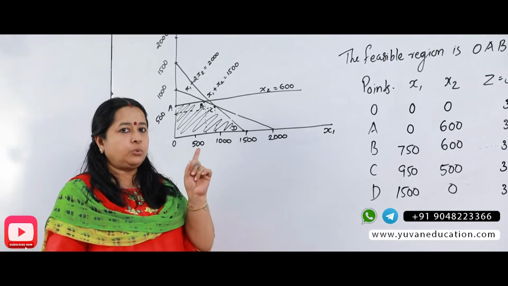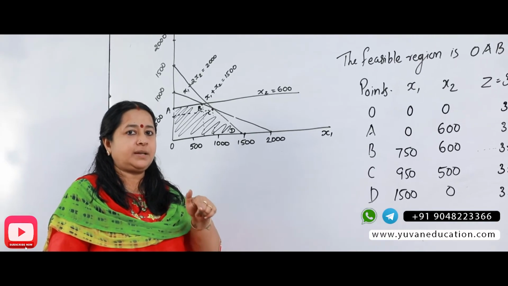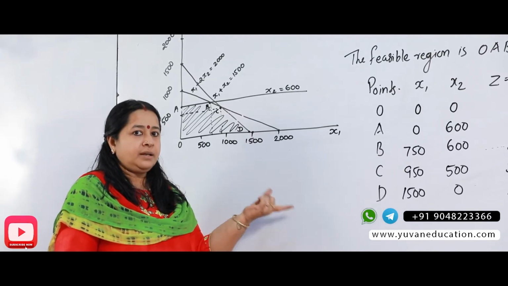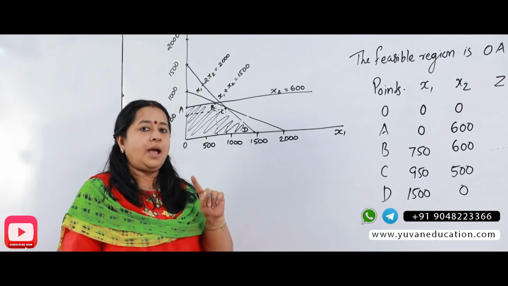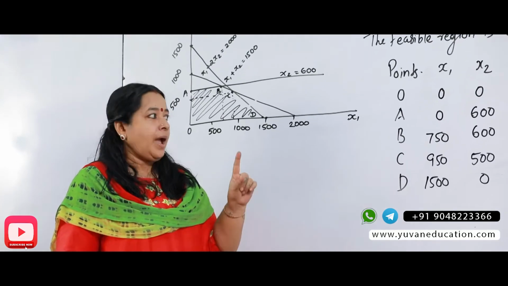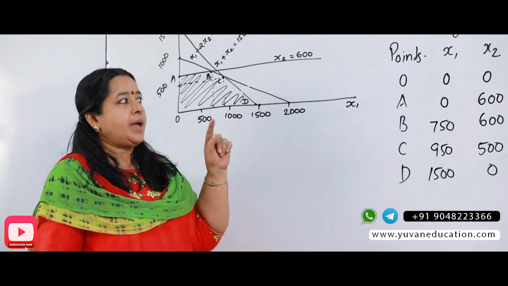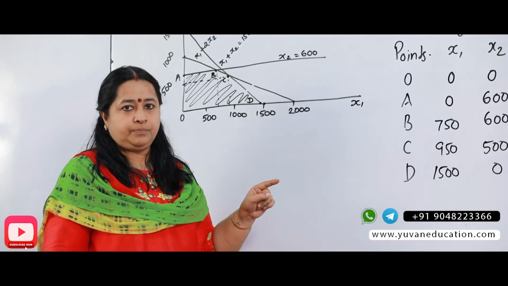See, there are two dolls. One is the basic version doll. In our last class we have discussed that LPP formulation. In that question it is said that there are two types of dolls, basic version and deluxe version, and profit for basic version is 3 rupees and profit for deluxe version is 5 rupees.